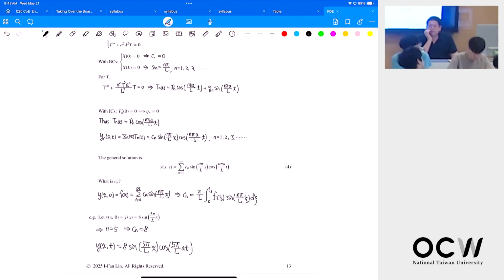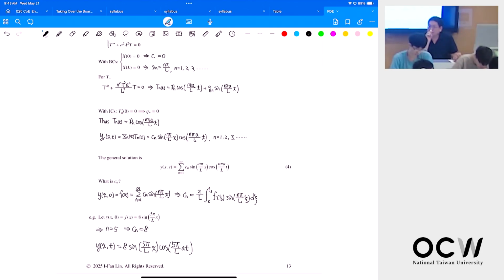Any questions for this? After seeing many examples, it looks like every time you just use the method of separation of variables and then bring this solution back to your differential equation, and you can have two equations. First, normally we will deal with the x first. So x will be the combination of sine and cosine. Determine the coefficient, which one could be 0, and the other one, and then you get the lambda. You get the eigenvalue and also eigensolution.